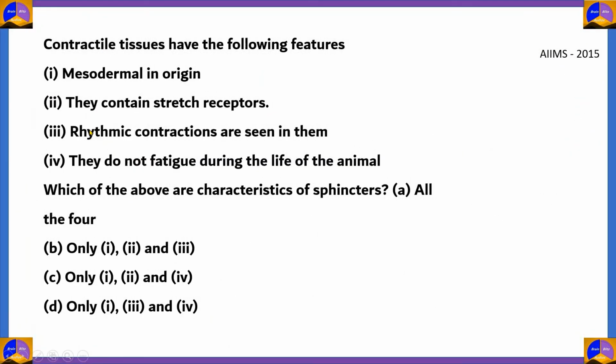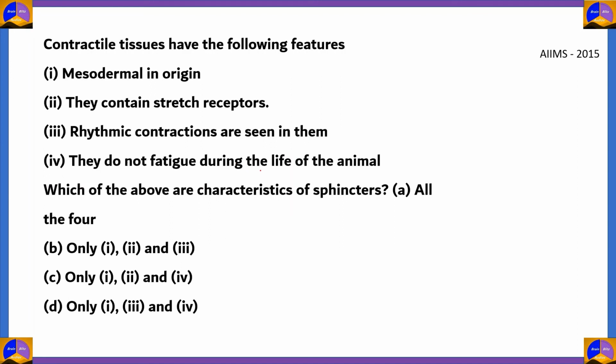Let's look at this question. Contractile tissues have the following features. The first thing is they are mesodermal in origin. 2, they contain stretch receptors. 3, they contain rhythmic contractions.